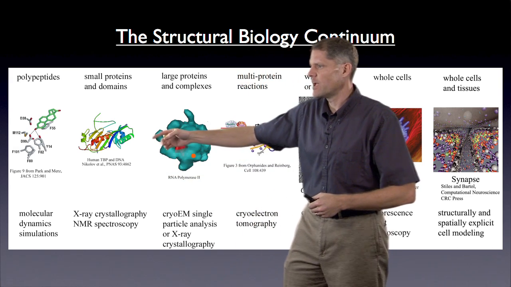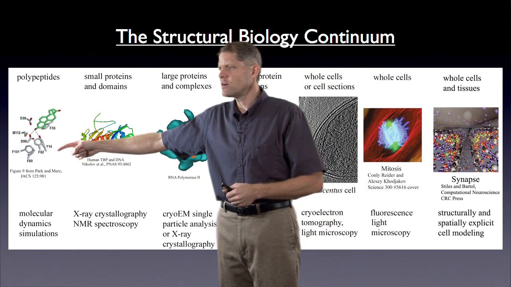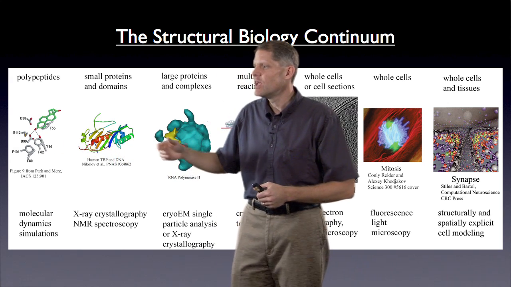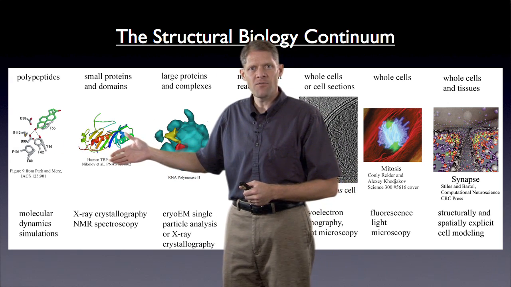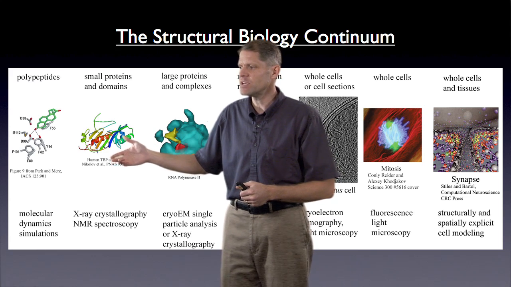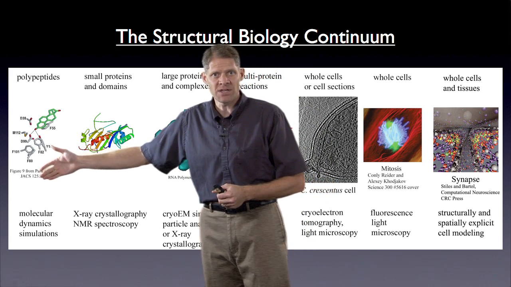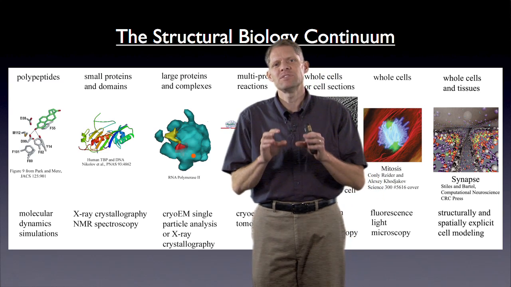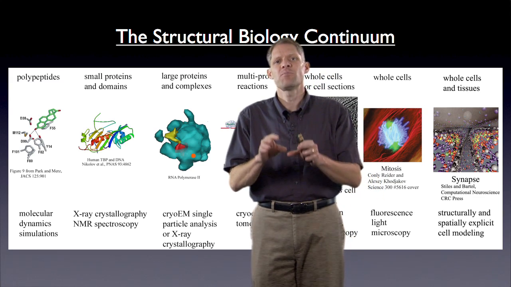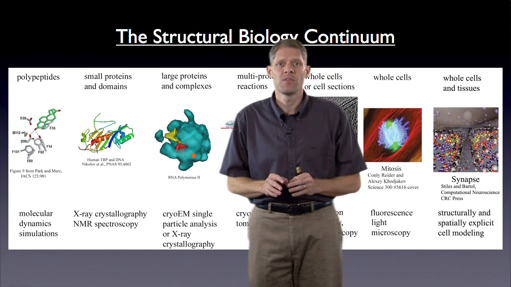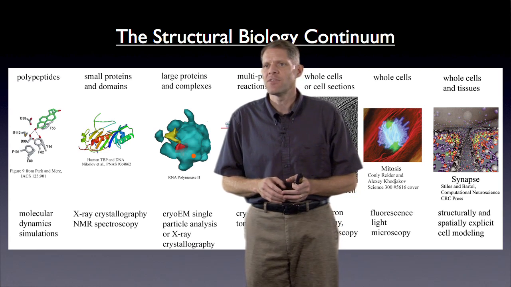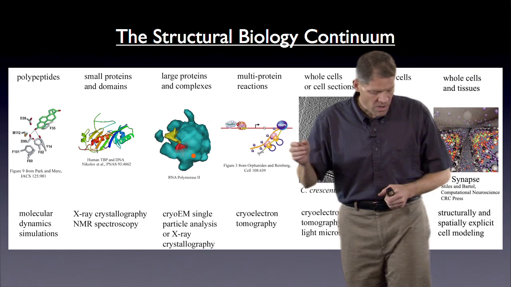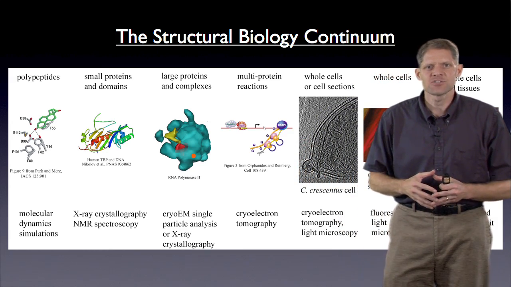Now, on this other end, I put the computational technique molecular dynamics simulations, which, if given a model of the positions of all the atoms in a protein, allow us to explore models and test how the positions of those atoms allow the proteins to perform the functions that they do. And so together, all of these techniques are needed to understand cells at a structural level.